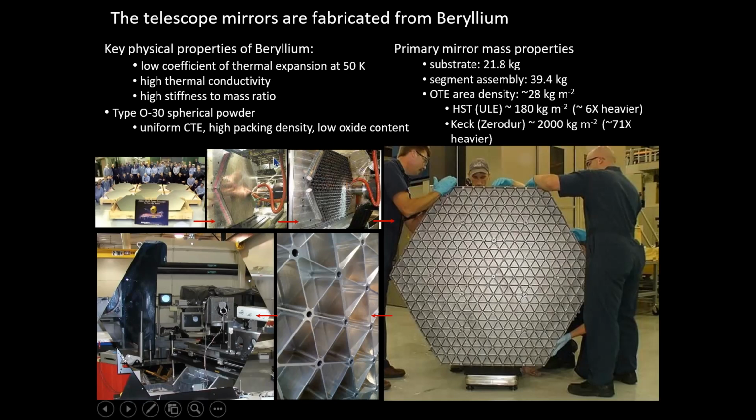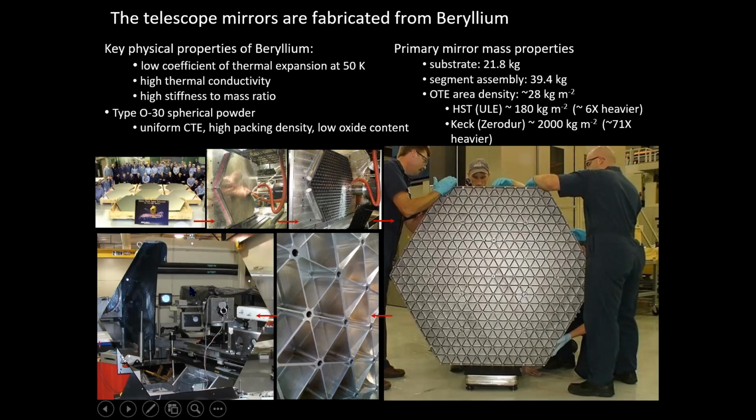The beryllium starts out in a powder form, and we compress it under great heat and pressure to a block of material called a billet. And then after we go through all the trouble of making that block of material, we machine almost all of it away. This is the back of the mirror, and this is the front of the mirror.